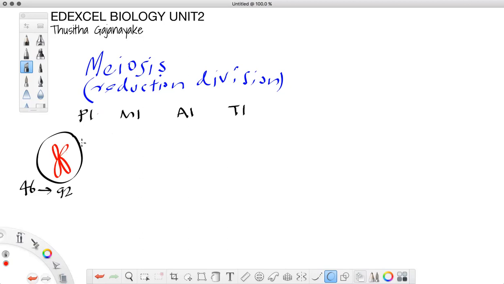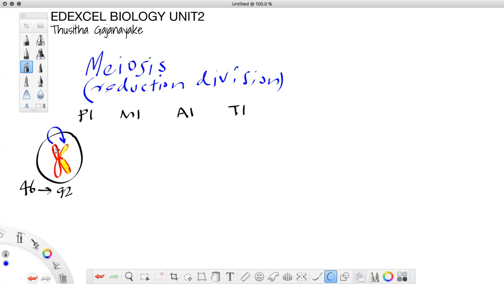Now you see the one in yellow color. That's exactly the duplication of the first one, called a chromatid. This one is a duplication of this one. It's a chromatid.